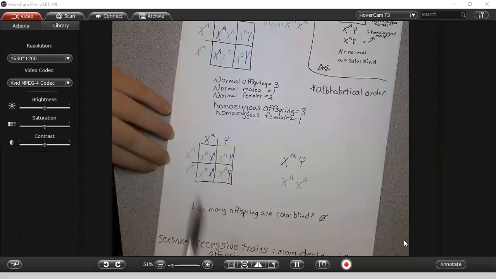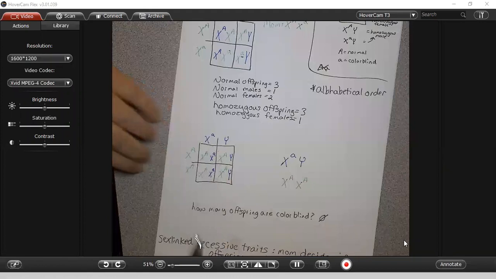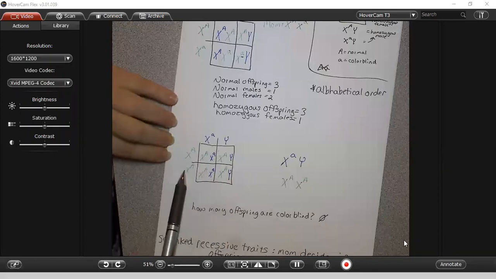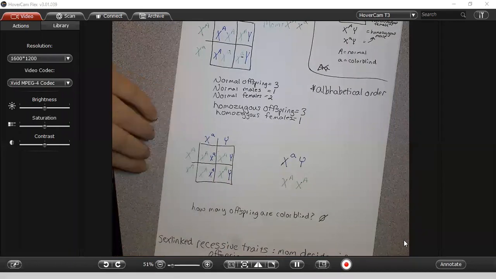So what she gives to the child is going to determine if that child has the sex-linked recessive trait or not. If she only has the recessive trait, everybody gets it, everybody's afflicted, unless dad has a capital there. Okay, if mom only has capitals, nobody is afflicted regardless of what dad has. So mom is really the deciding factor.